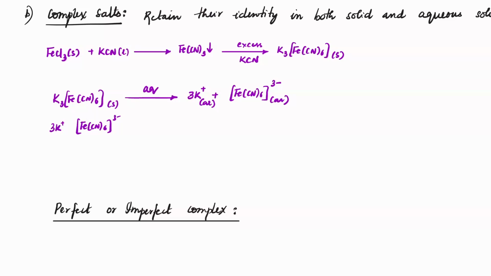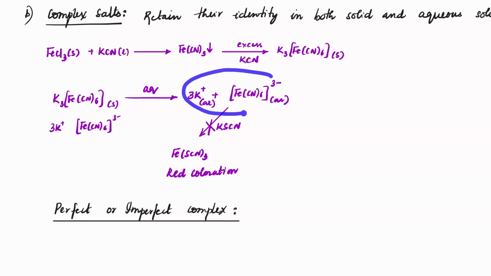Which means if I try to do a confirmation test for iron, you react it with potassium thiocyanate and expect a red color solution forming, blood red coloration. This is expected. But unfortunately, this is not successful, which means we are not able to see iron ions in the aqueous solution. That's why there is no red coloration observed.